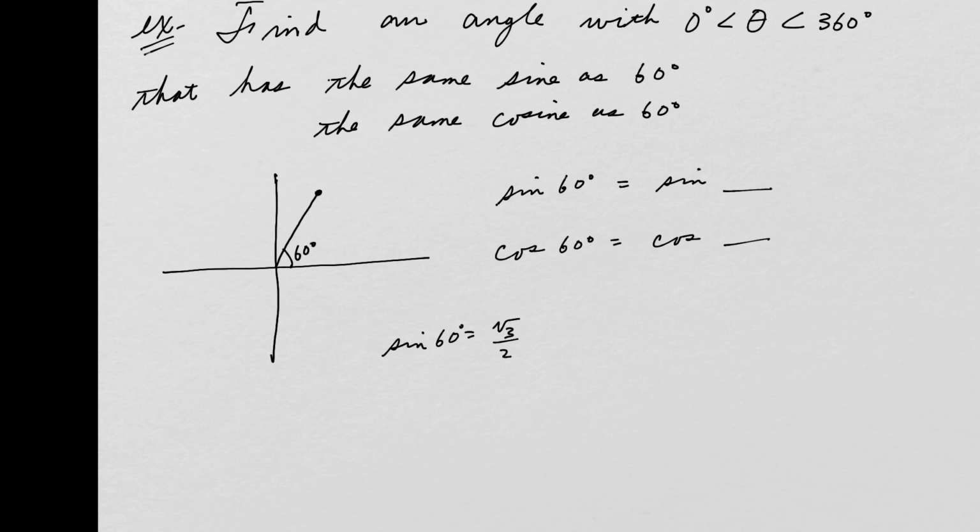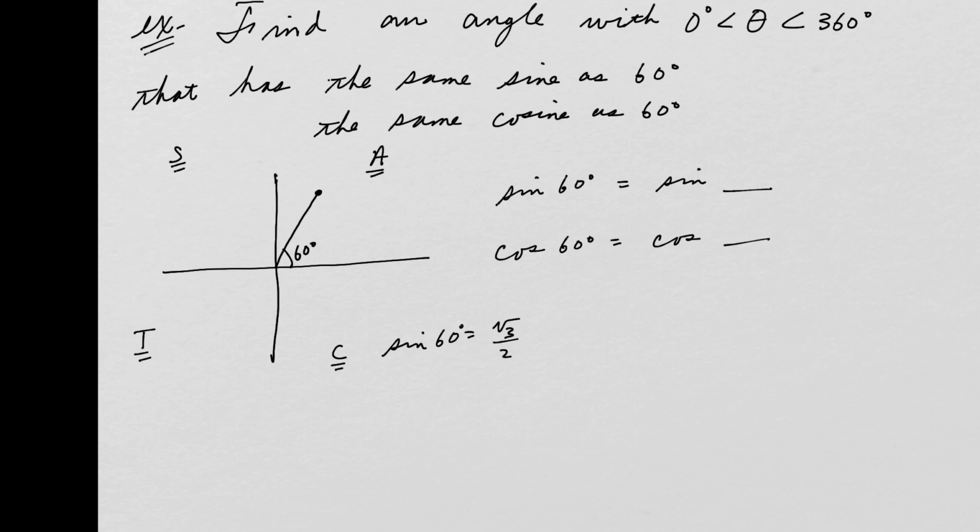So where else do I have a positive? Like what other quadrant is sine positive in? And for what angle is it equal to radical 3 over 2? Well, we know it's positive in the second quadrant. Remember, it's all students take calculus, right? So it's positive in the second quadrant.